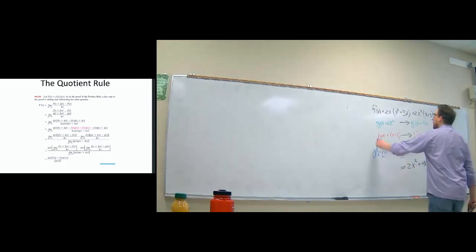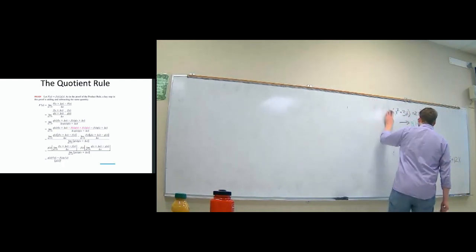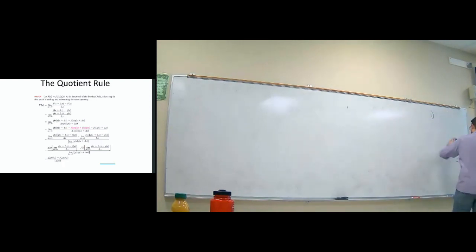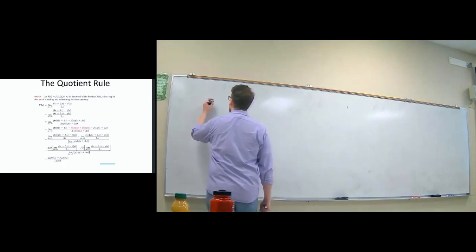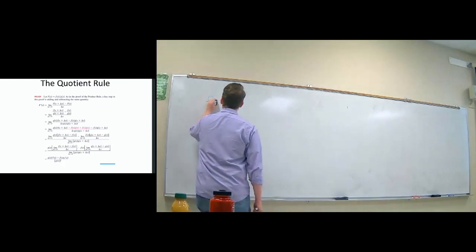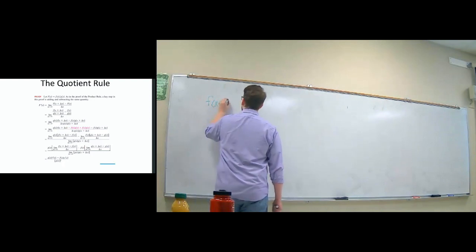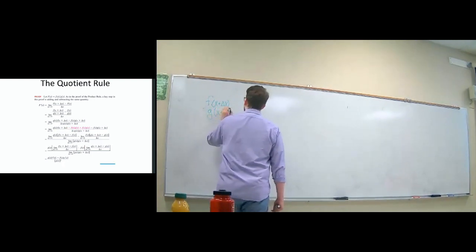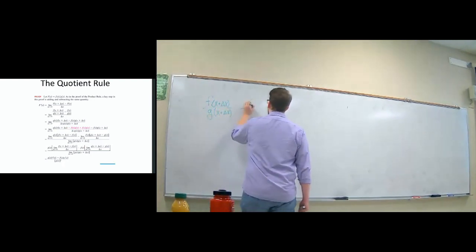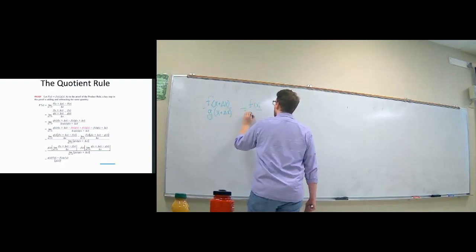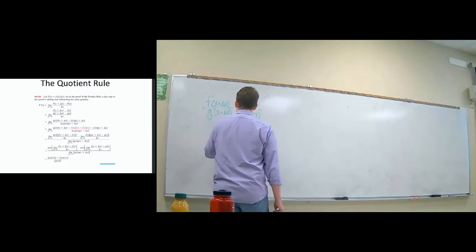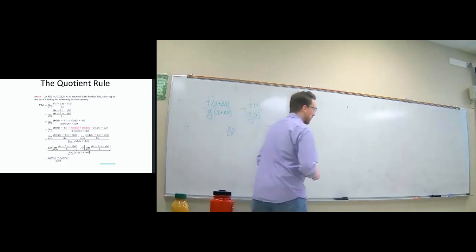So what we're going to do here, once I get this erased, we're going to take f of x plus delta x divided by g of x plus delta x minus f of x divided by g of x, all that divided by delta x, multiplied by 1.